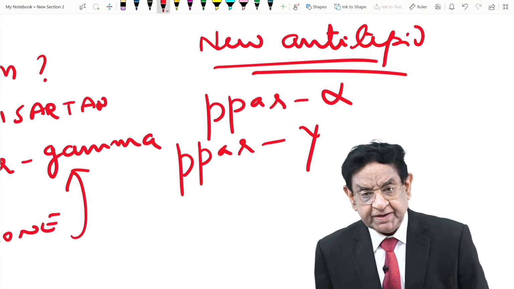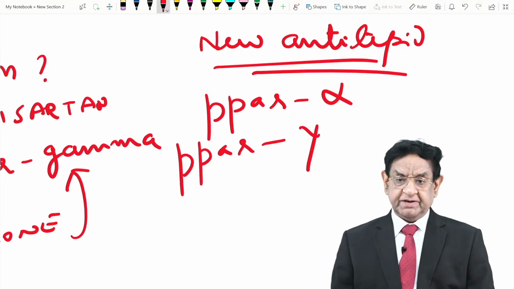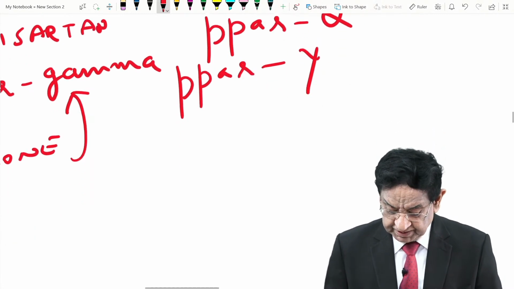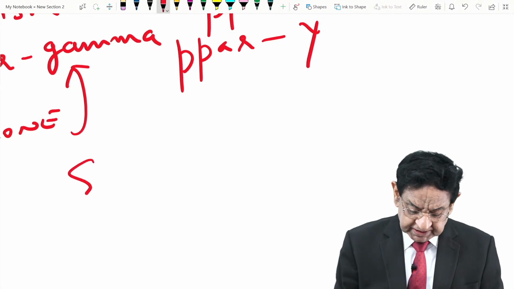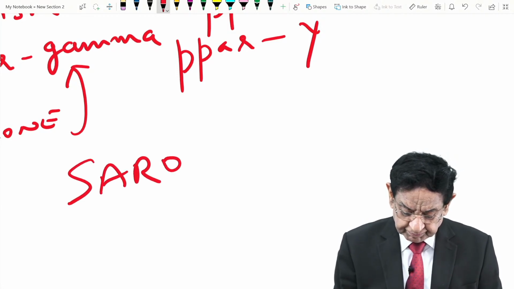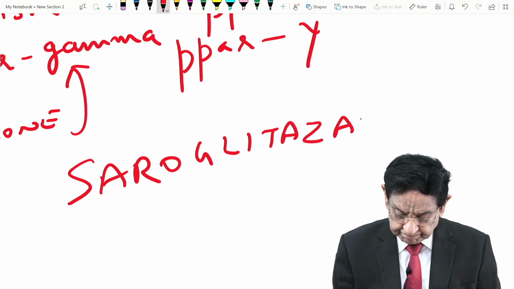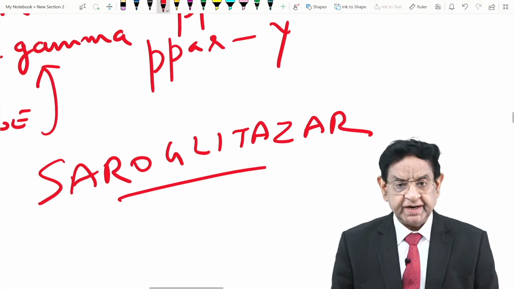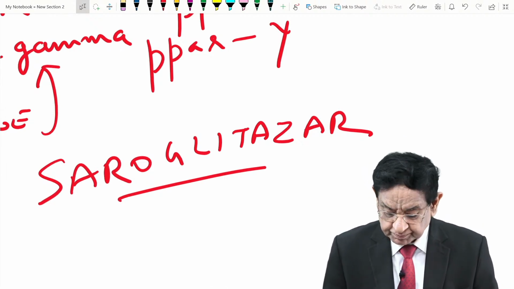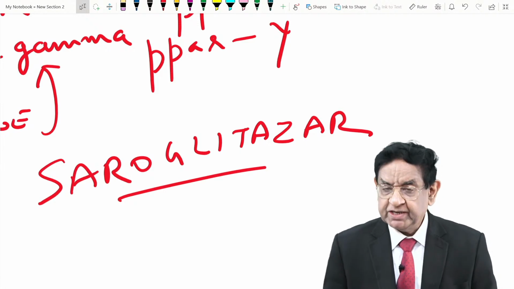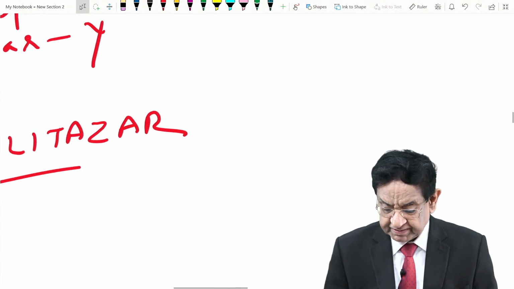The anti-lipid drug which acts on the PPAR alpha and PPAR gamma receptors. Name the drug. New drug, latest recent advances. Saroglitazar is an anti-lipid drug which acts on the PPAR alpha and PPAR gamma receptors.